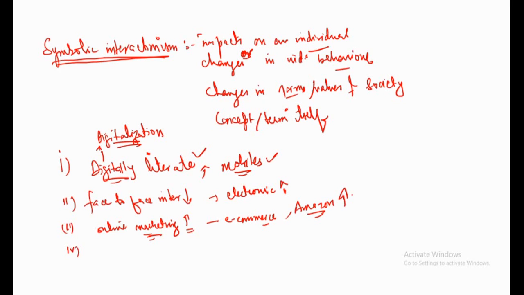Fourth change is that when you have money in your electronic wallet, you have a tendency to buy more things, and when there is online buying, there is no bargaining. So there was a change in the bargaining aspect, that now you can no longer bargain on e-commerce platforms. Then there was conspicuous consumption.